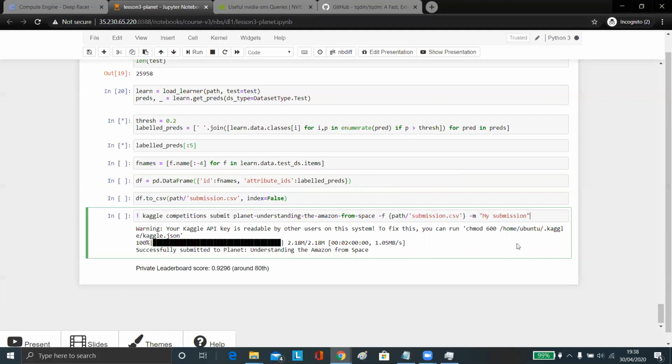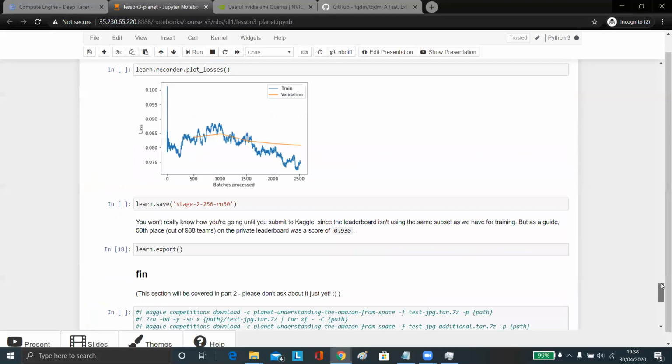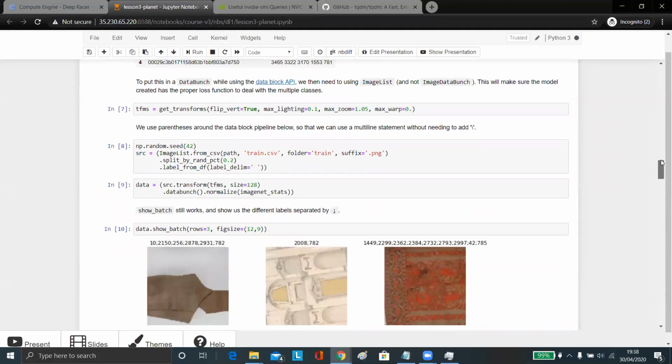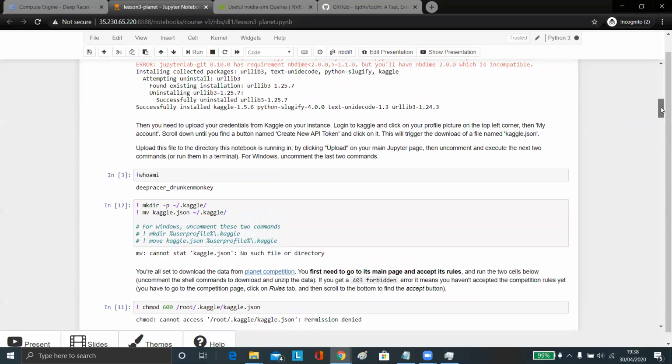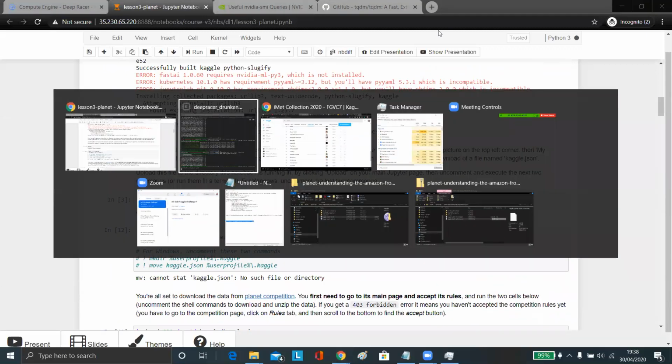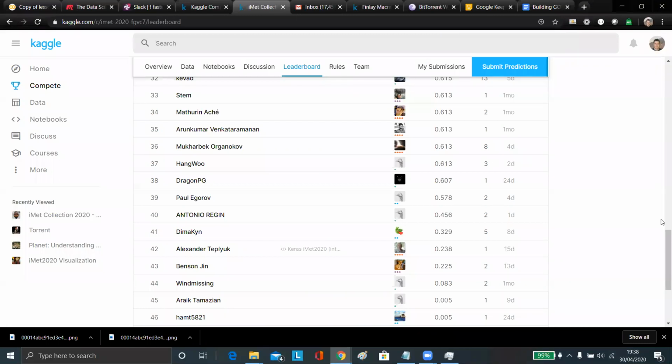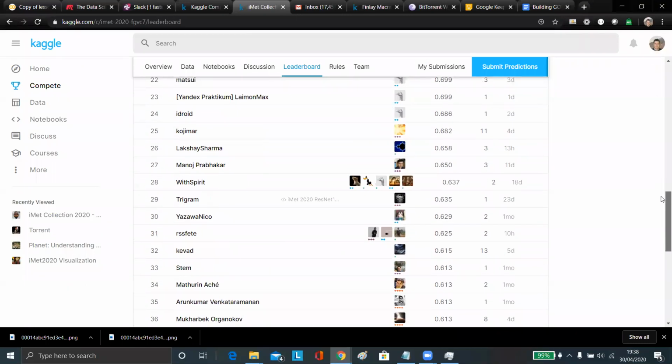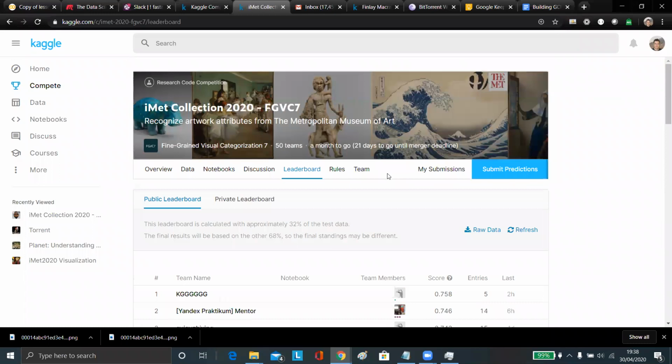Okay, and then we need to change the Kaggle competitions name. The other thing is, did you actually have an index, the file on the left?